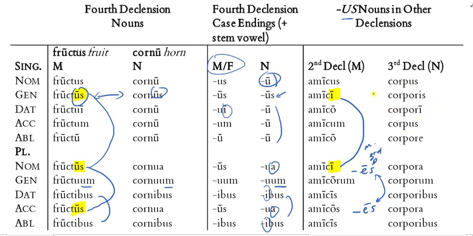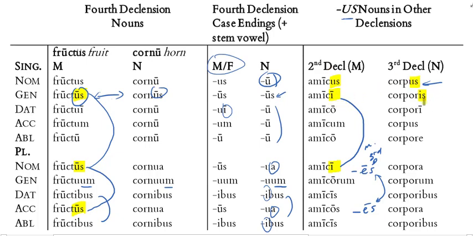Over here, I've already talked about the amicus form, but here's another -us noun, this one a third declension neuter noun, corpus. And notice that the genitive is corporis. That ending here is what tells us it's a third declension noun. So if I have -us but a genitive in -i, it's second declension masculine.